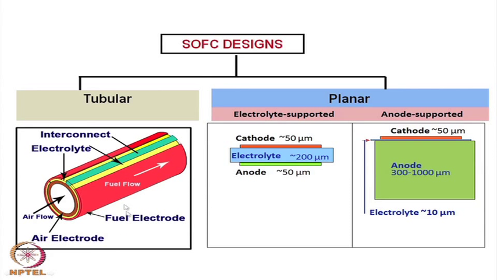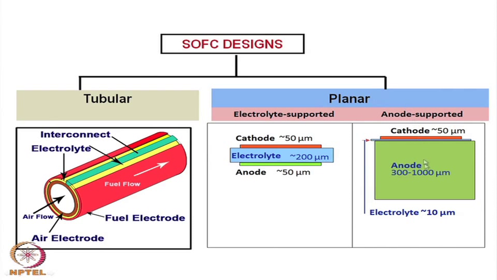This was in fact originally developed by Westinghouse and then Siemens Westinghouse, and several hundred kilowatts of power plants have been already demonstrated and prototypes have been built, and they have been operated in different countries, particularly in Japan with natural gas and so on. Up to 50 to 60,000 hours of continuous operation has been demonstrated by these tubular fuel cells.